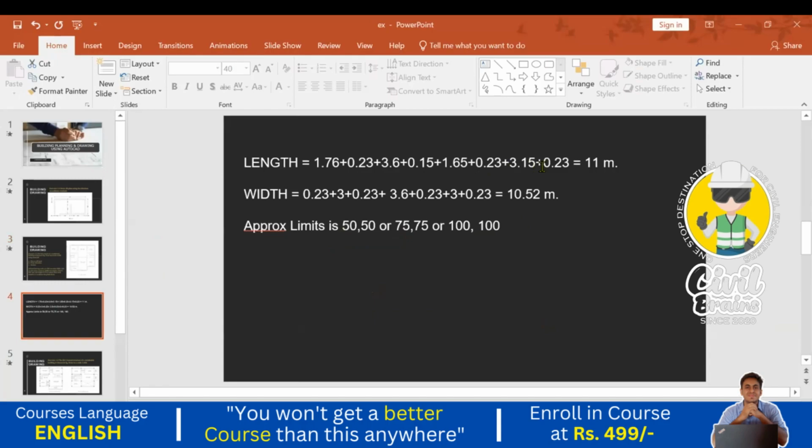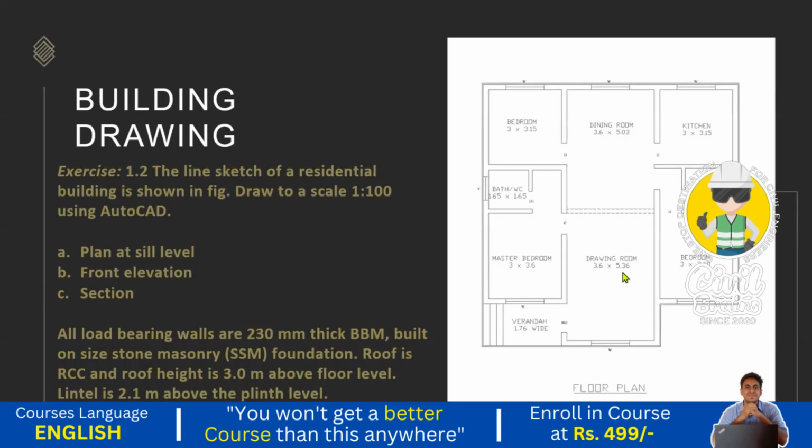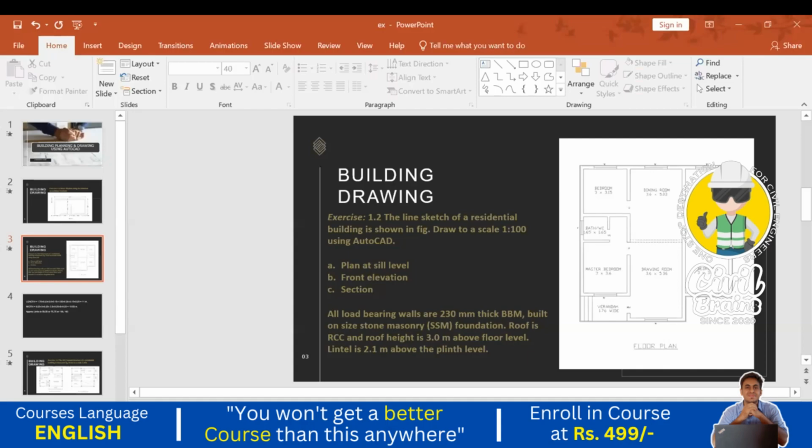Next 3.15 plus 0.23. So whatever calculation we have done is correct. Then it means there is some mistake in the dimensions mentioned here. Okay, so we just go to the AutoCAD.